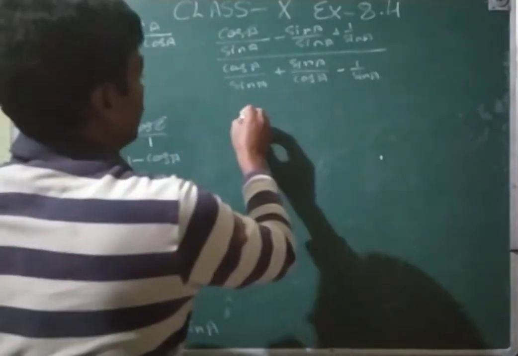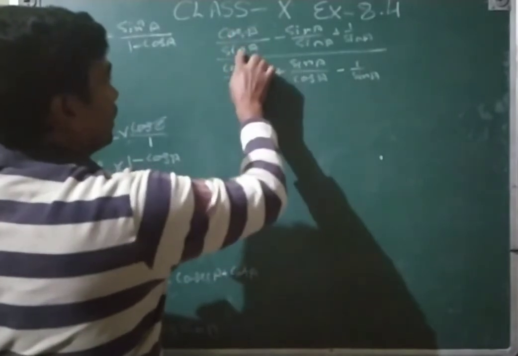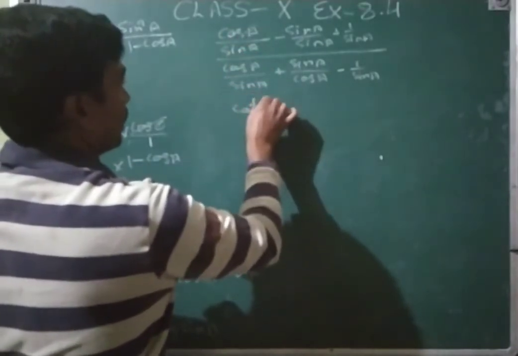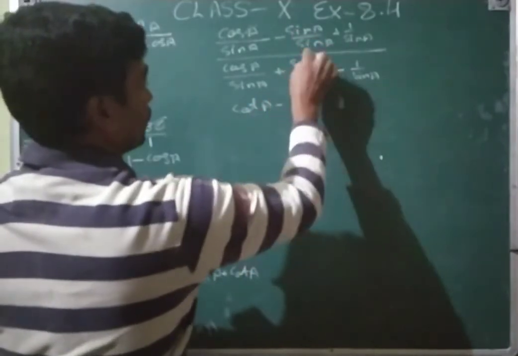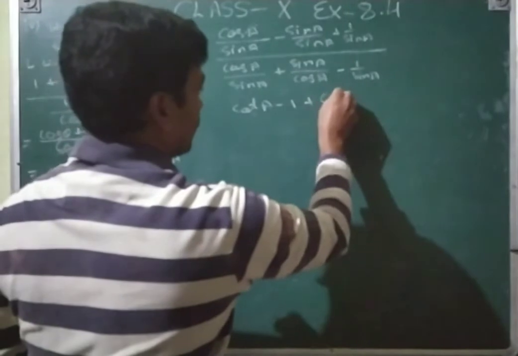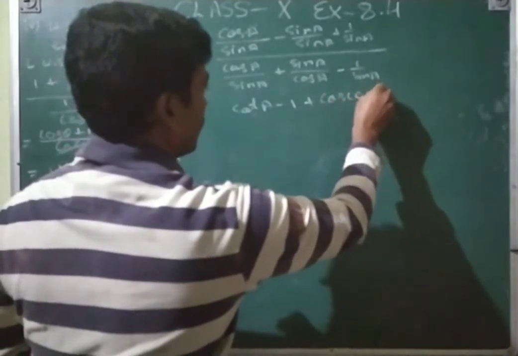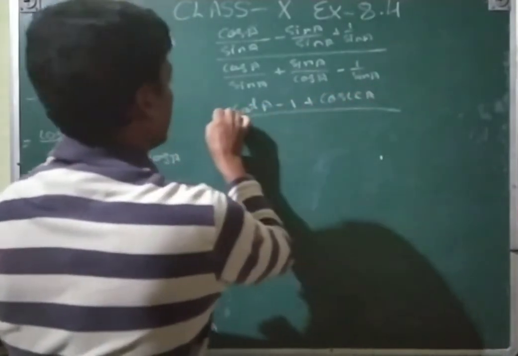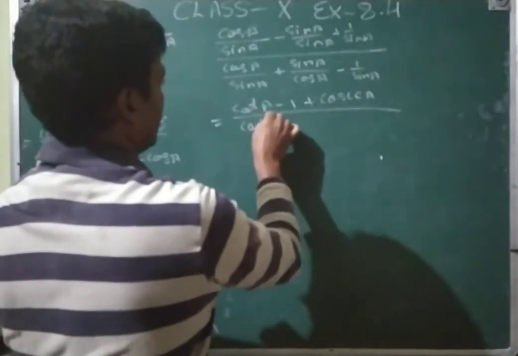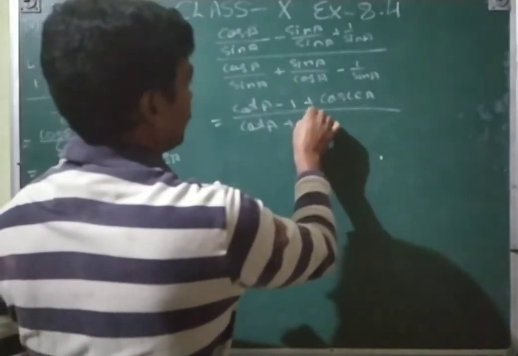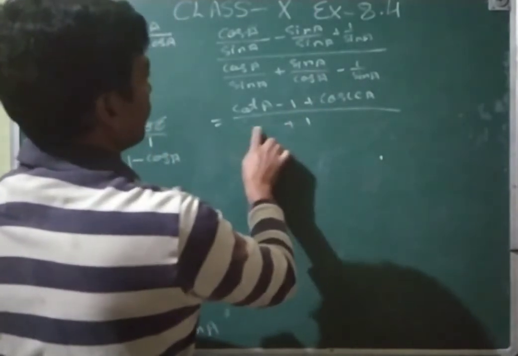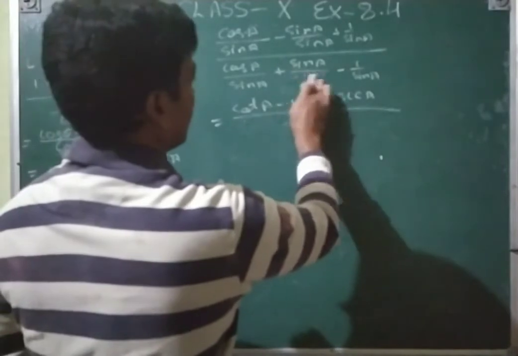And then you are looking that cos upon sine means that is cot A, 1 upon sine means cosec, and then after that will be the same: cot A plus 1 minus cosec.